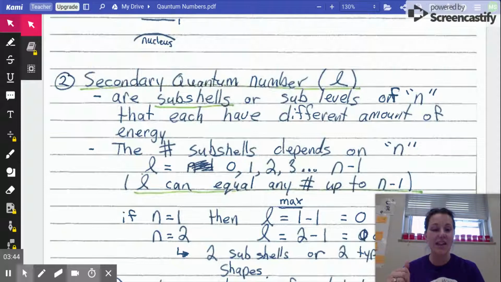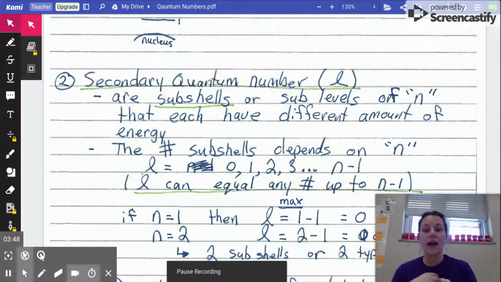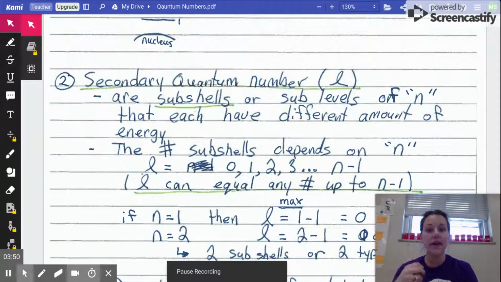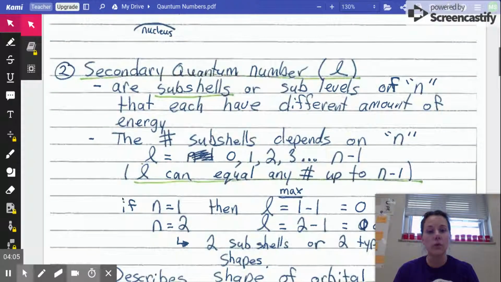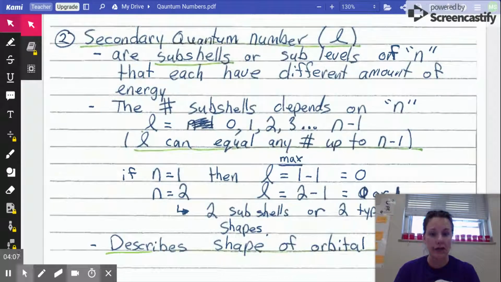And so l, which is our sublevel of n, can equal any whole number, 0, 1, 2, 3, and the maximum number it can have is n minus 1. So l can equal any number up to n minus 1.